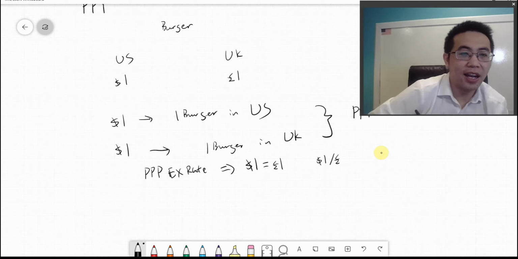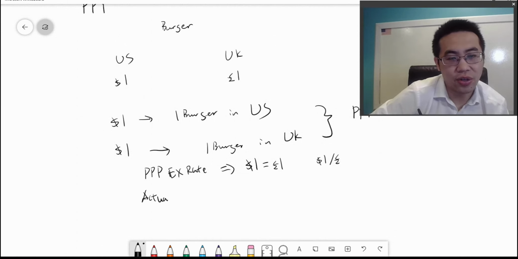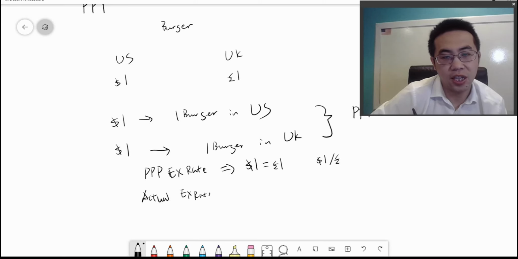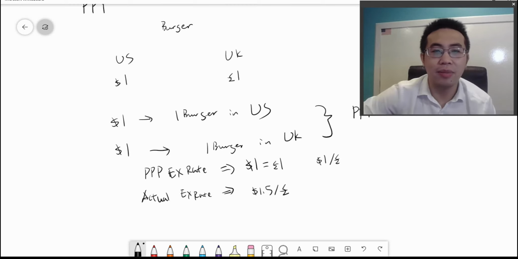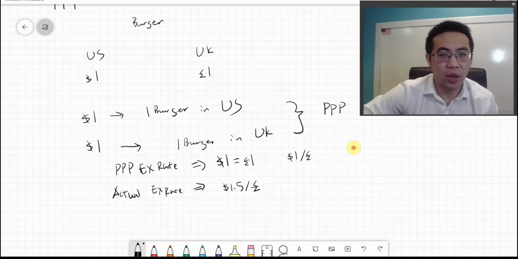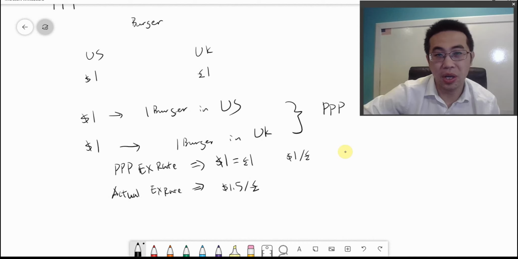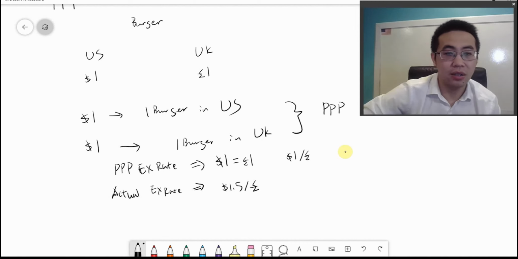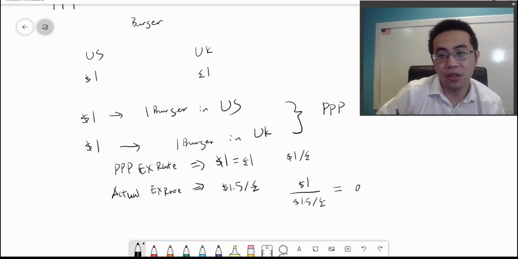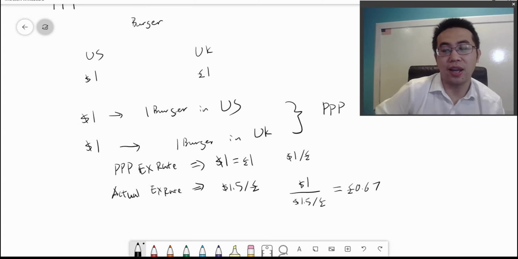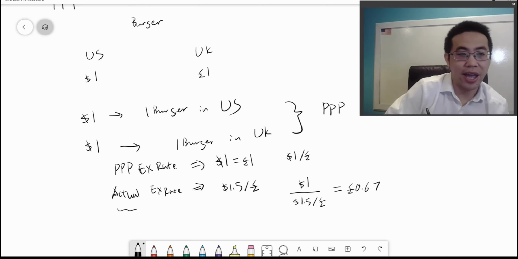Let's say in reality, the actual exchange rate is not the PPP rate. It instead is $1.5 per pound. So what does that mean? Does that mean that we can buy this one hamburger with $1 US? Absolutely not. If we convert $1 in the US at $1.5 per pound, then we would have 2/3 of a pound, or 0.67 pounds in our hands after the conversion.